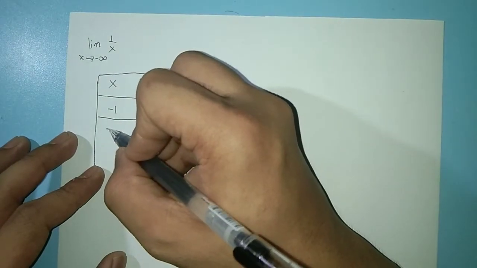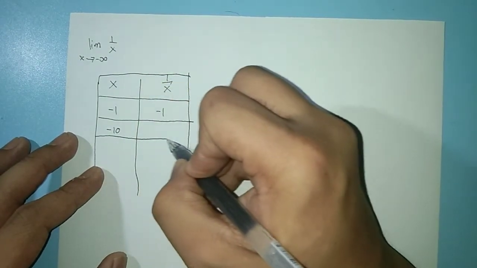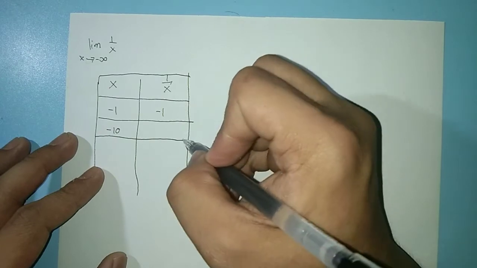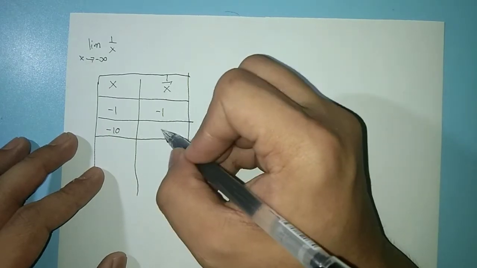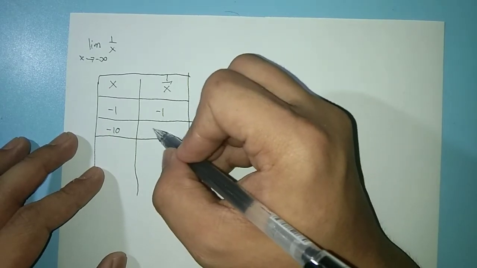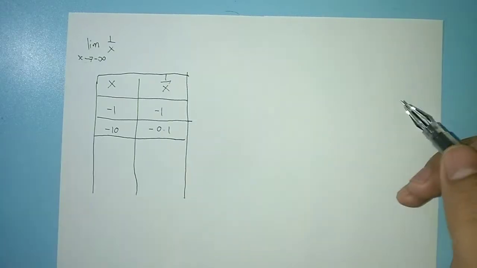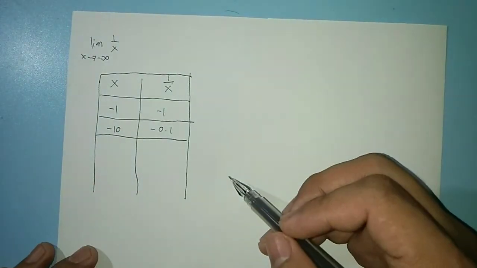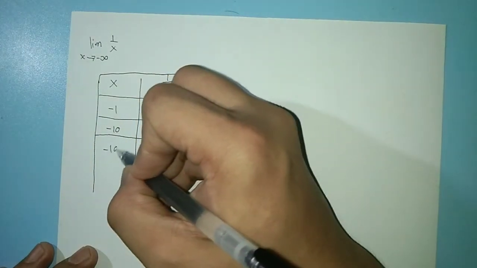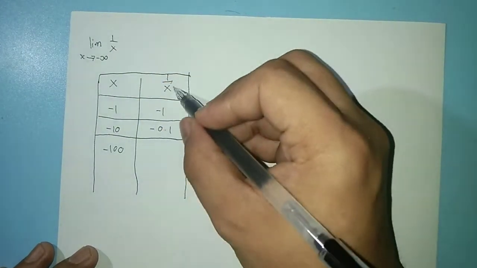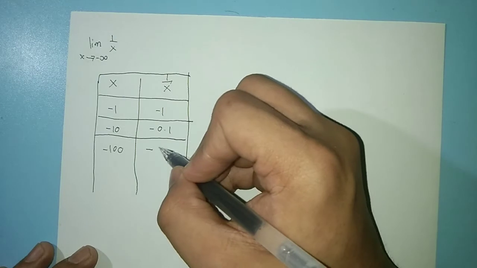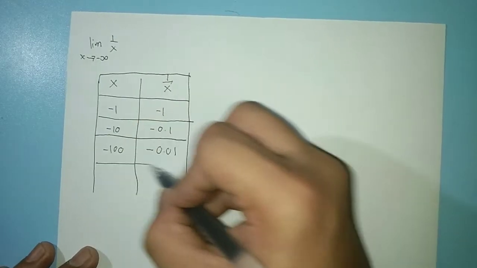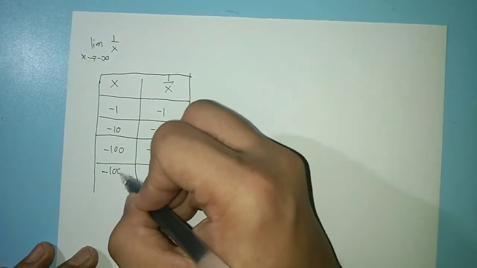Then if x is negative 10, so i-decrease natin, then 1 over x will be negative 0.1. Then let's have negative 100. Magiging negative 0.01. Then decrease pa natin, negative 1,000.